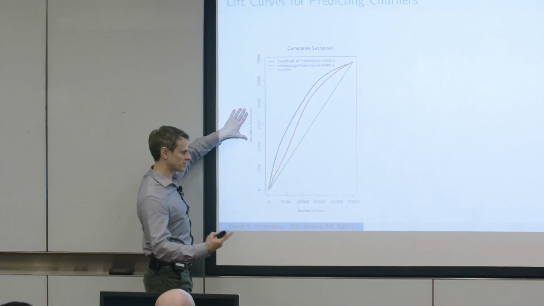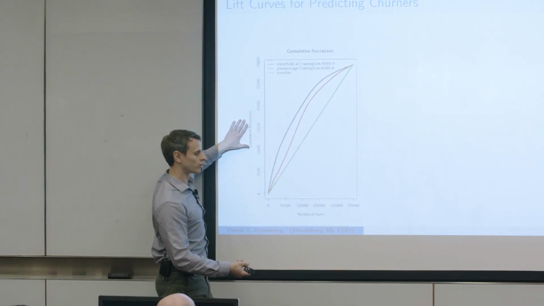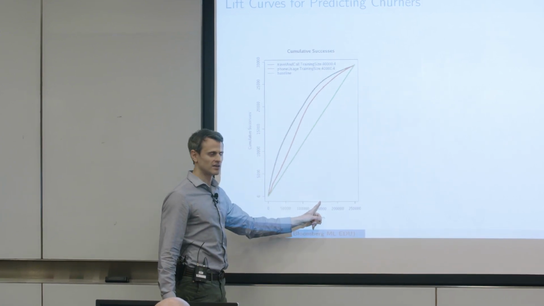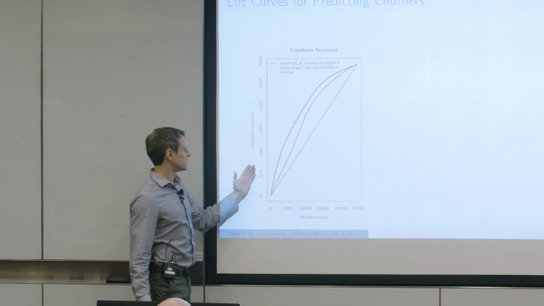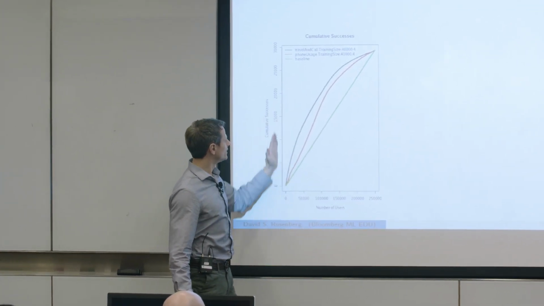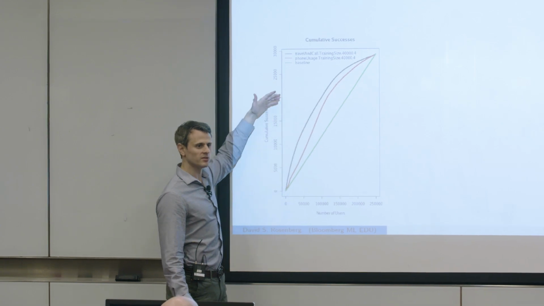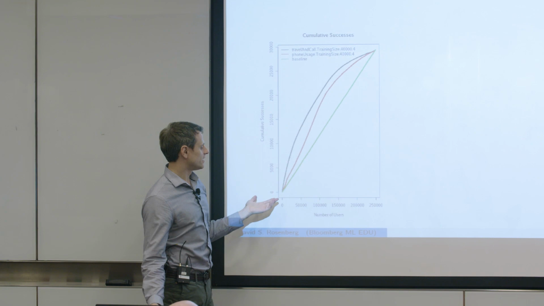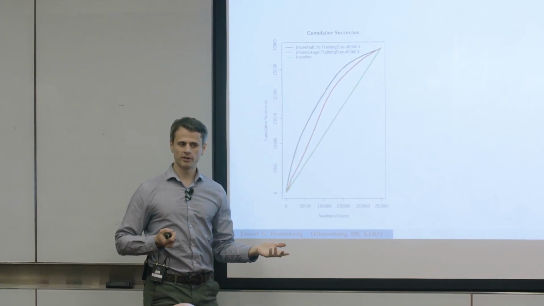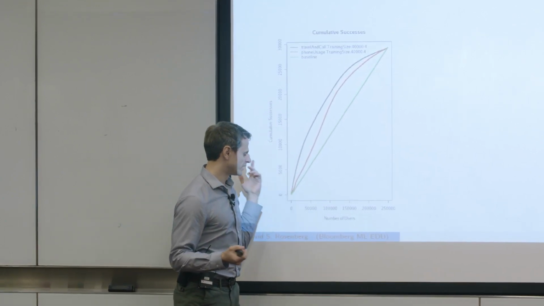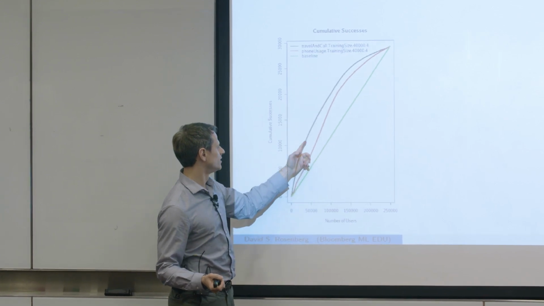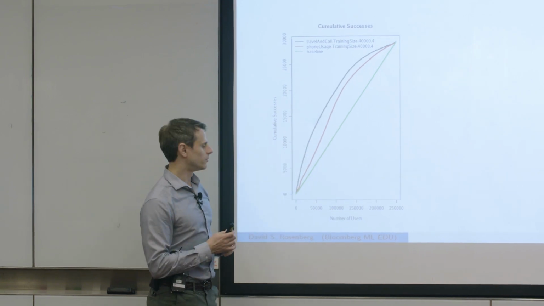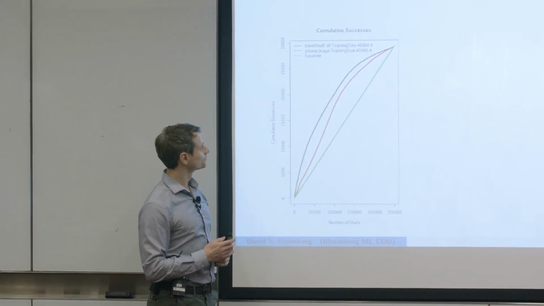How many of your predictions for churn were correct if you look at the top 50,000 of your list, the top 100,000, the top 150,000? What you usually want to see is the curve increasing as quickly as possible. You want the top of the list to be the most accurate. Then, depending on how many users you're willing to target, maybe you only have a budget for 50,000, you choose the model that gives the highest predicted cumulative successes for that number of trials, that number of users.